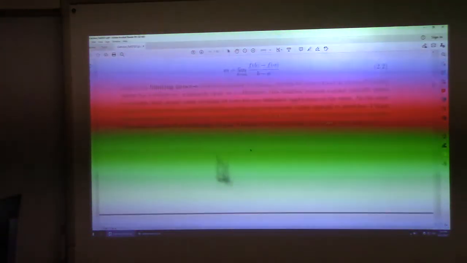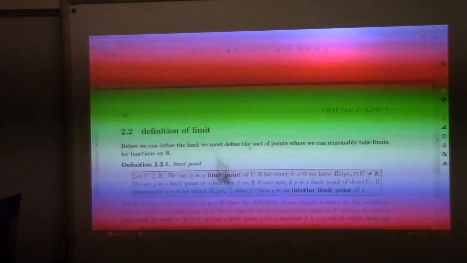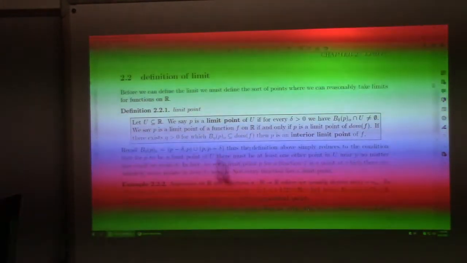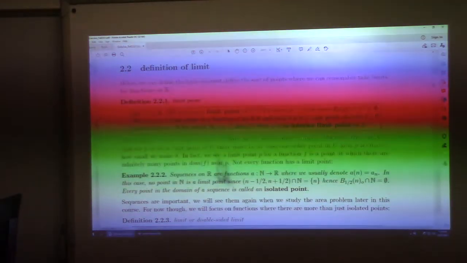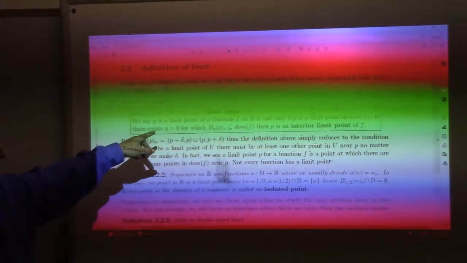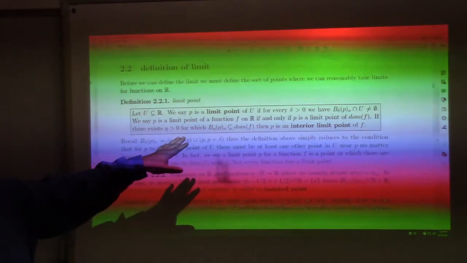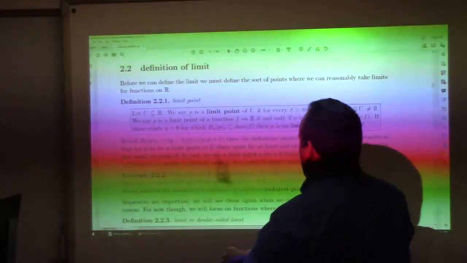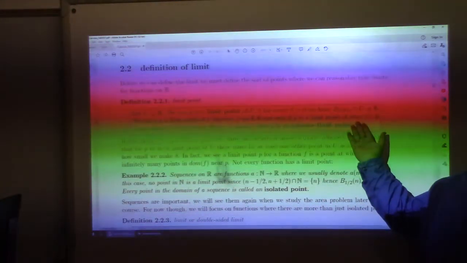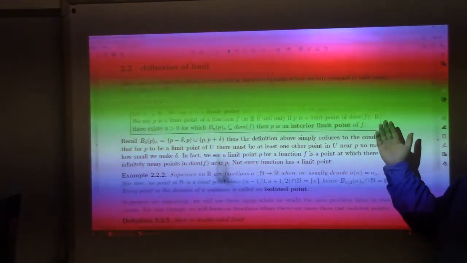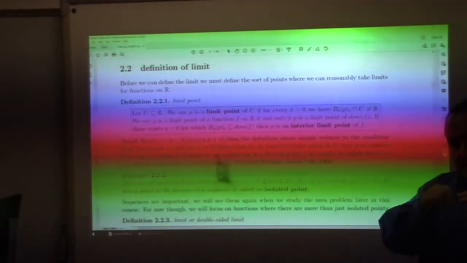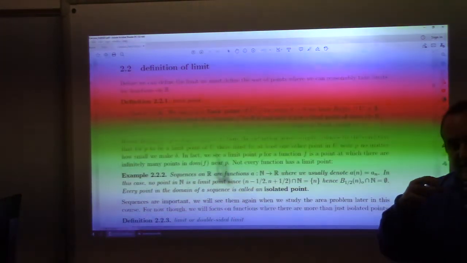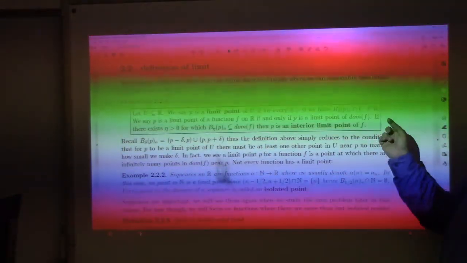So that's why in section 2.2, I give a definition of limit point. See here? I know this looks like hieroglyphics, but let me just distill it. What this is saying is P is a limit point if, when you intersect the ball around the point, not including the point itself, with the domain, the intersection is non-empty.